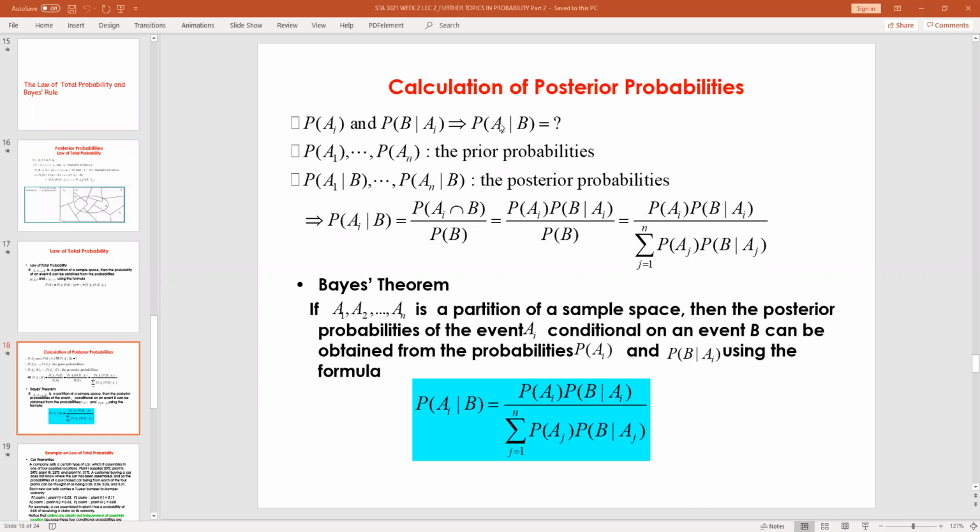I'm going to call that A: the defendant is the source of DNA found at a crime scene. Are you guys hearing me? Yes.